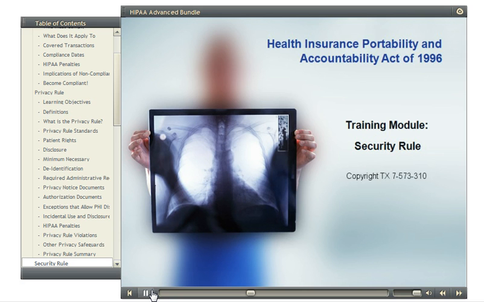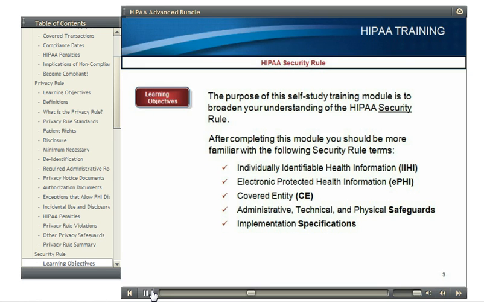Health Insurance Portability and Accountability Act of 1996. Training Module. Security Rule. Learning Objectives. The purpose of this self-study training module is to broaden your understanding of the HIPAA Security Rule.